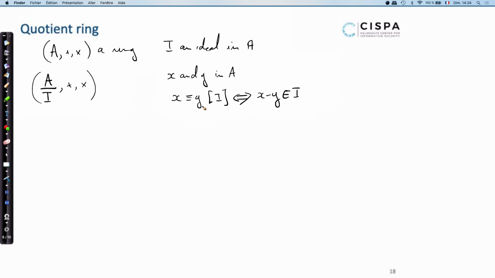Remember when we did that with numbers, saying that x was congruent to y modulo 5 now becomes the same thing as x congruent to y modulo 5Z, which means that x minus y is a multiple of 5, which was exactly the definition we had before. So we can build this quotient ring whenever we have an ideal.